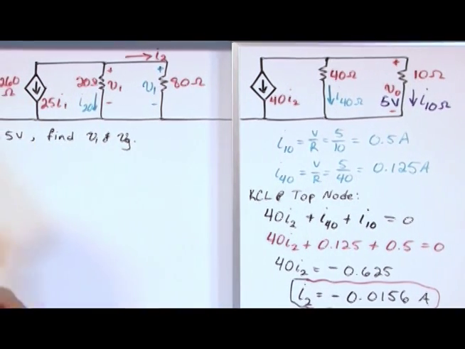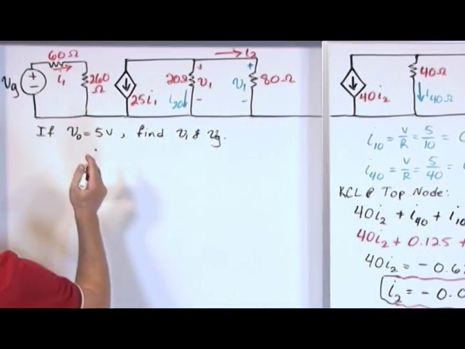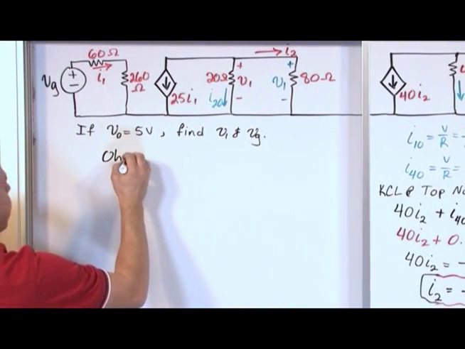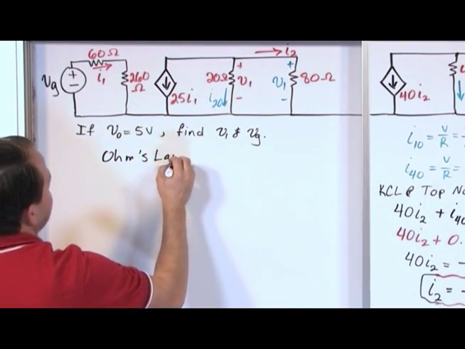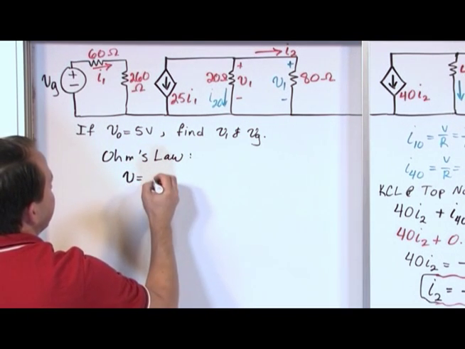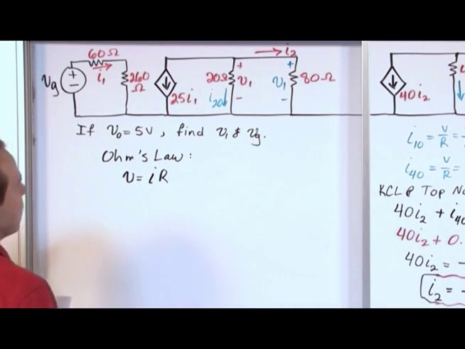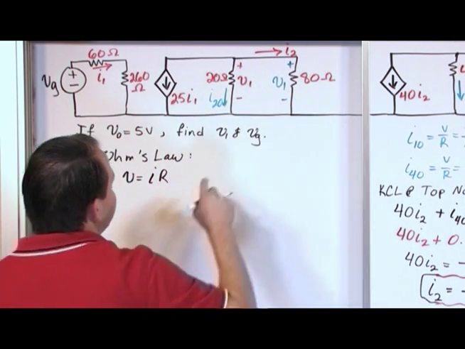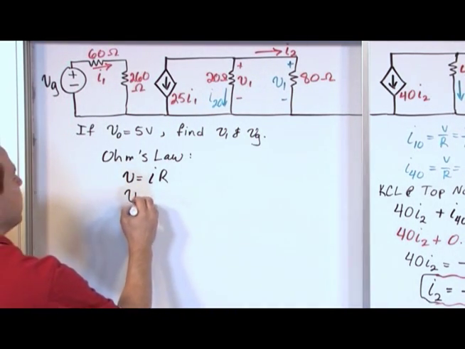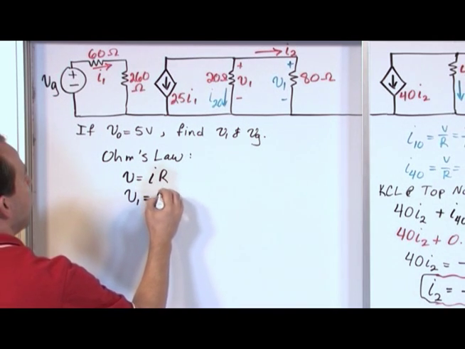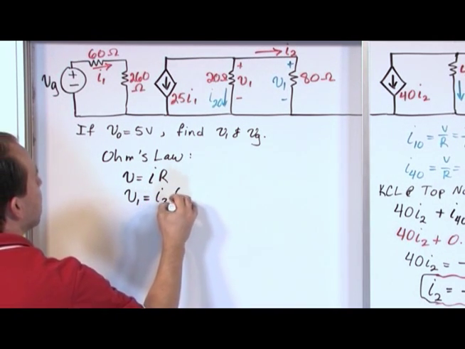So given this, we can use Ohm's law, and that is that V is equal to IR. Let's apply it to this resistor right here, because we know the current I sub 2, right? Let's say V sub 1 is equal to I sub 2 times R. R is 80.